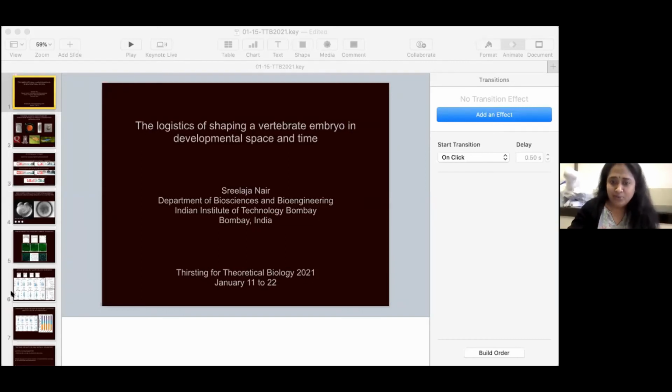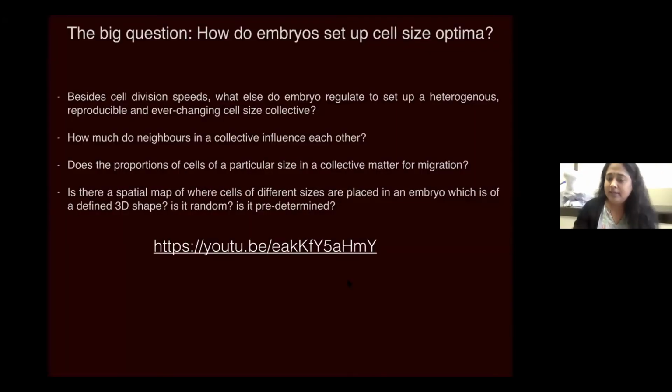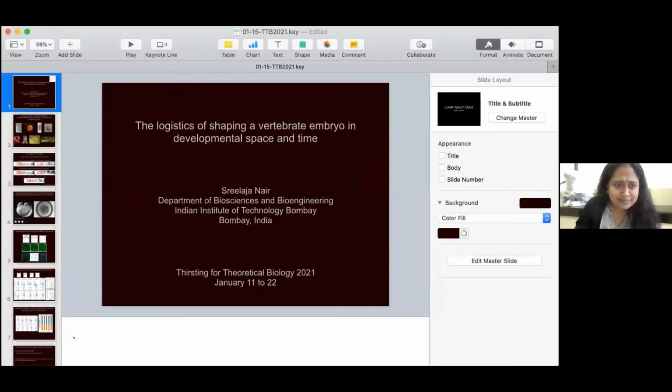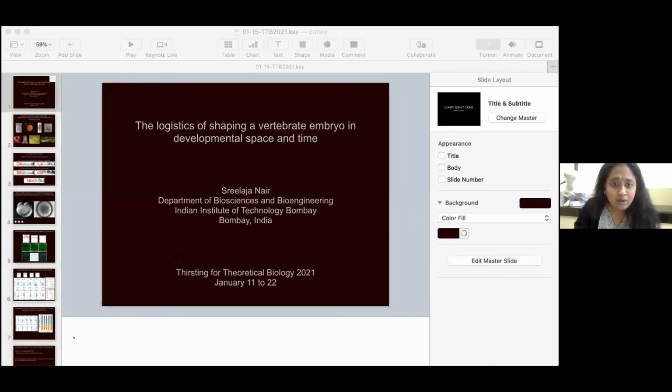Sorry, I don't want to. Can you hear me? Sreelaja, we can hear you, but we can't see you. Yes. So this is murmuration in birds. And the reason I show this. Sreelaja, we couldn't see the video. You might have to share your screen rather than the window. We can hear the audio, but not see the video. How do I show the... You may have to share your entire screen. Okay. I don't want to play the audio. I do want to play the video, though.